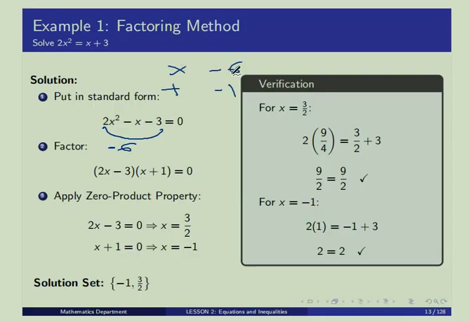So this one is factors of 6, 2 and 3. So this will be minus 3 times 2, which is minus 6, and minus 3 plus 2 is minus 1.